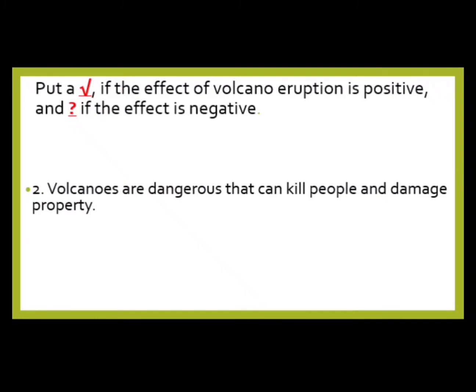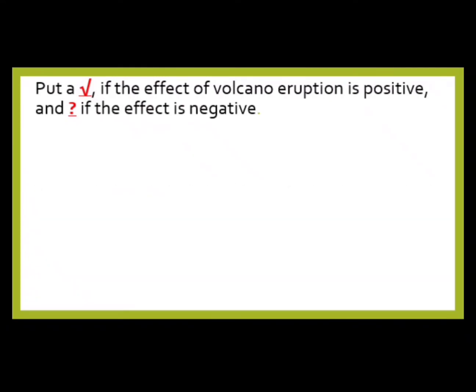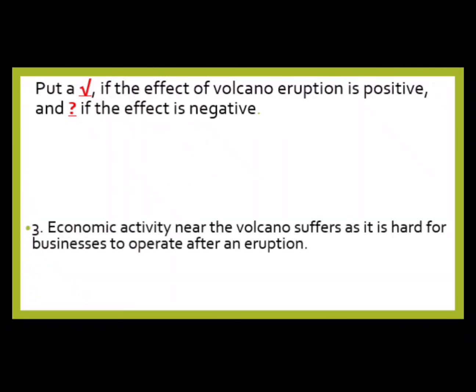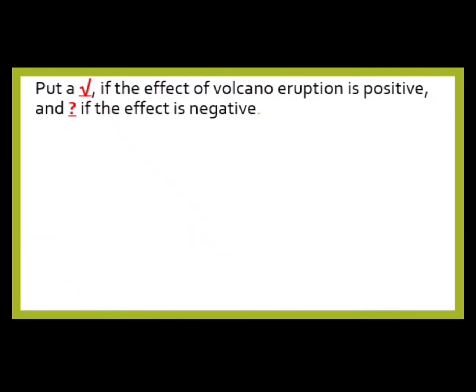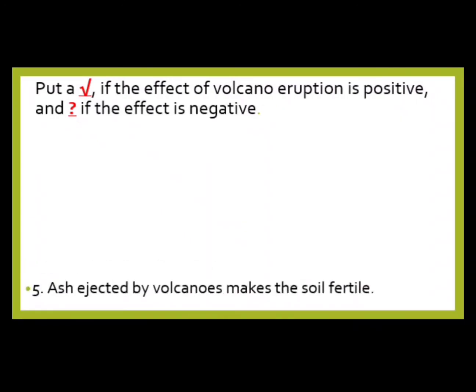Volcanoes are dangerous; they can kill people and damage property. Economic activity near the volcano suffers as it is hard for businesses to operate after an eruption. Volcanoes attract tourists. Ash ejected by volcanoes makes the soil fertile.